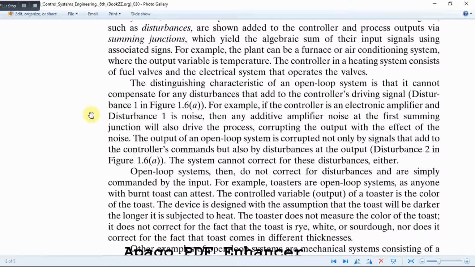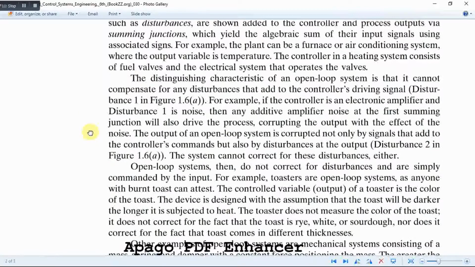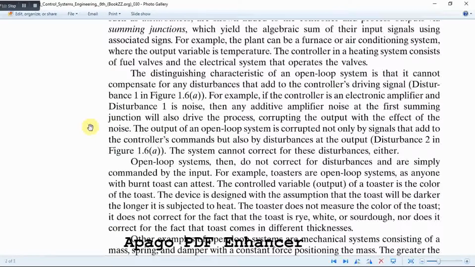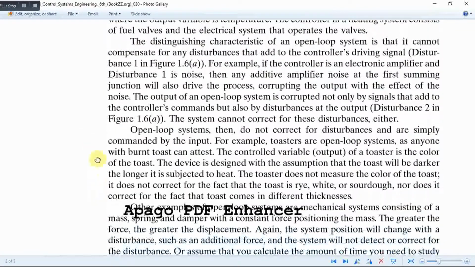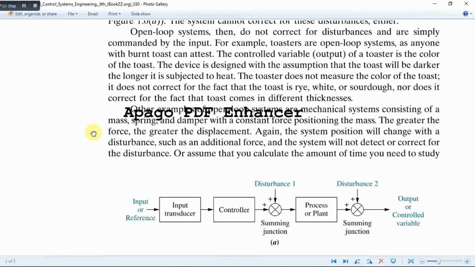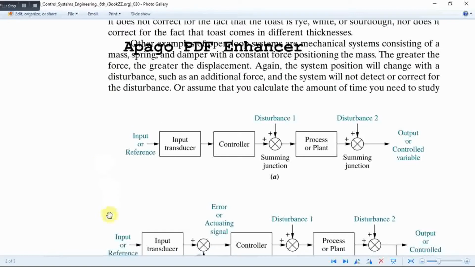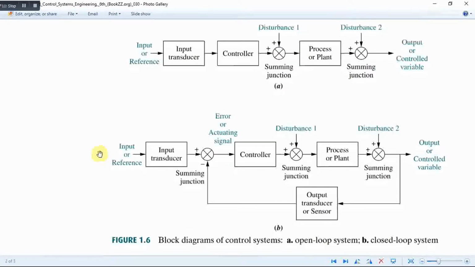For example, if the controller is an electronic amplifier and disturbance 1 is noise, then additive amplifier noise at the first summing junction will also drive the process, corrupting the output with the effect of the noise. So this open loop system cannot compensate itself, whereas this feature is added in the closed loop system, which can compensate against the disturbances in the system.